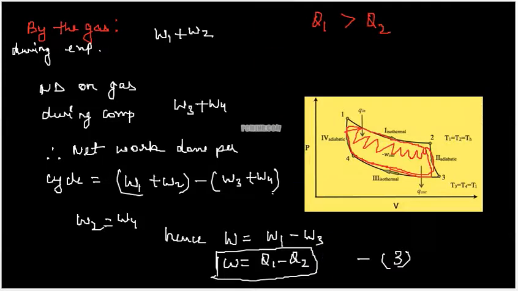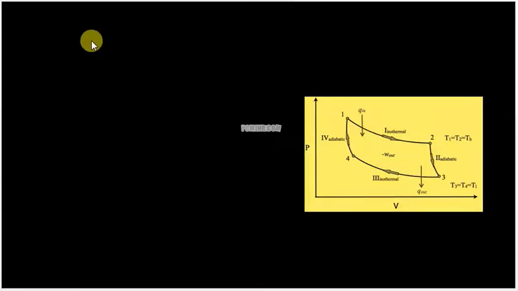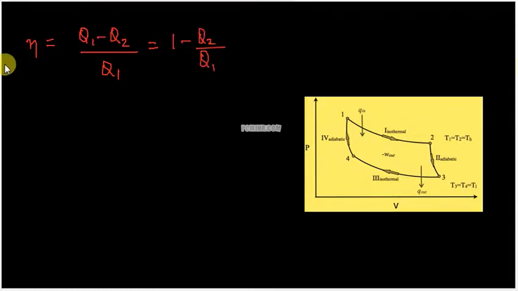Now if we talk about the efficiency, it is always output upon input. So the output is Q1 minus Q2, the work done, upon Q1, the heat energy absorbed. So that would be 1 minus Q2 upon Q1. That is in terms of the ratios, and because the temperatures and the heats are directly proportional, I can also write it as 1 minus T2 upon T1.